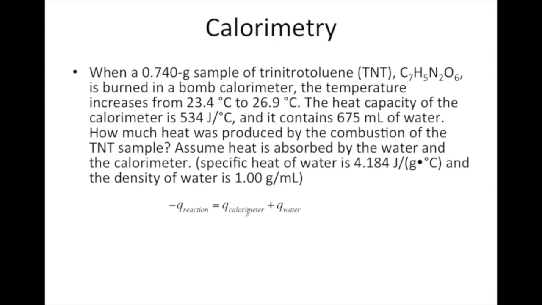Now, in this particular problem, we have two things that are absorbing heat, and that's okay. The calorimeter is absorbing heat and the water is absorbing heat. So the Q release, the heat released from the reaction, is going to equal the sum of the heat absorbed by these two objects. Sometimes more than one thing is releasing heat, or more than one thing is absorbing heat.